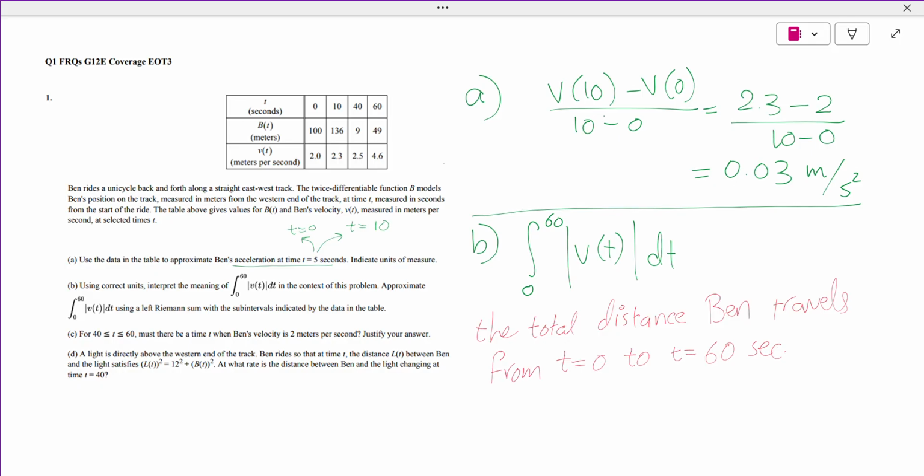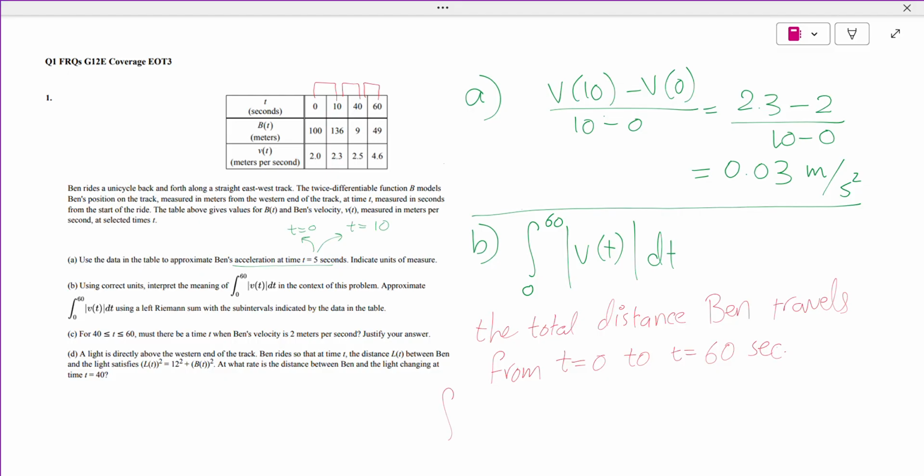Now we need to approximate that integral with the left Riemann sum, using the subintervals indicated in the table. There are 3 intervals indicated in the table. This is the first one, this is the second one, and this is the third one.